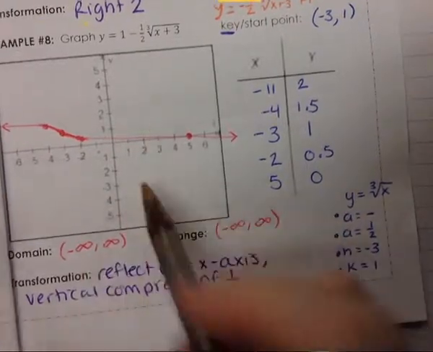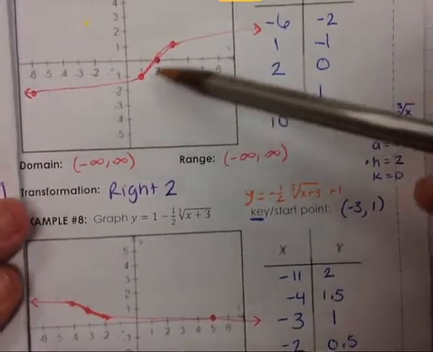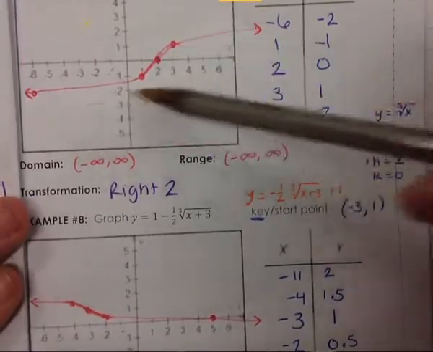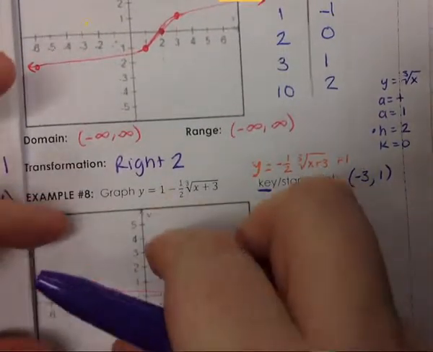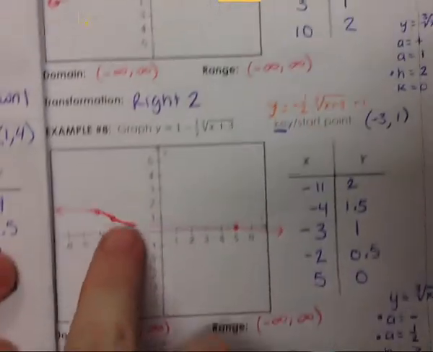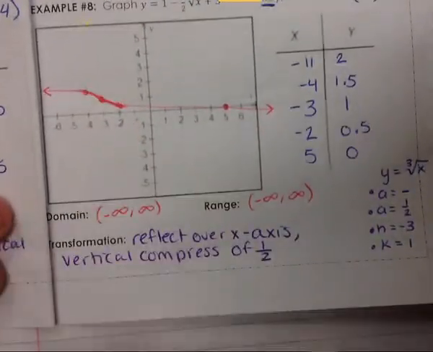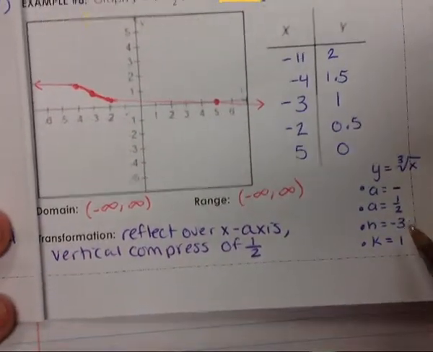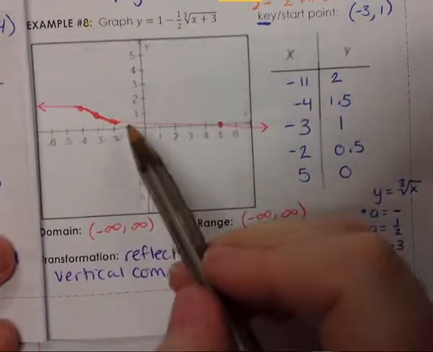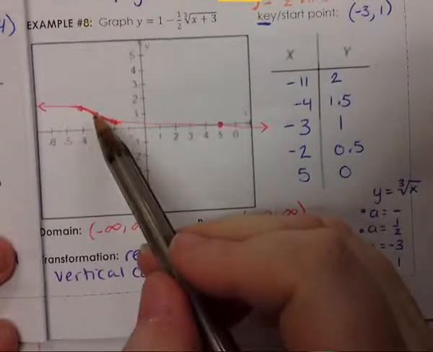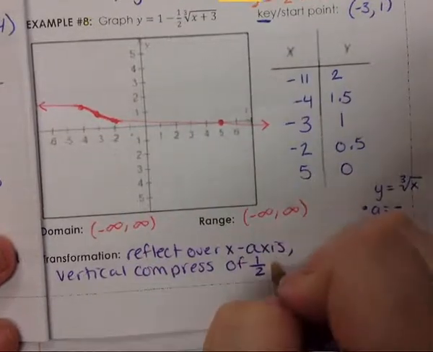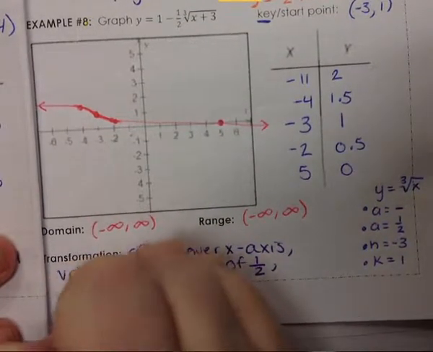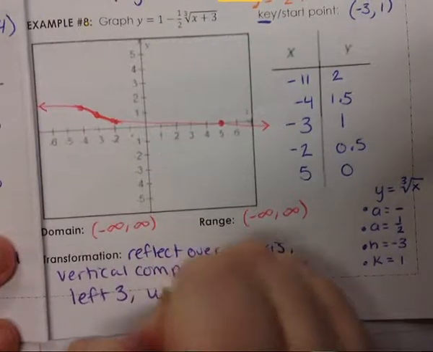If you see it from this example up here, where it's more spread out, where you can see more of it, this one is pushed more together, which is why it's being compressed. We also have to talk about our coordinate of -3, 1. From 0, 0 to -3, 1, how would we get there? We would go left 3 and up 1, and that is what the transformation is. Left 3 and then up 1.